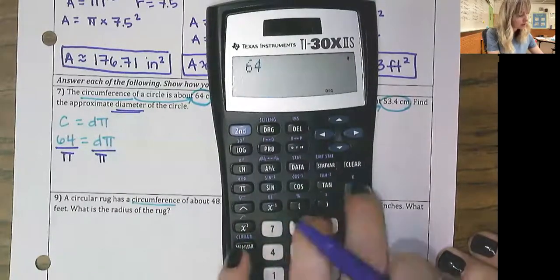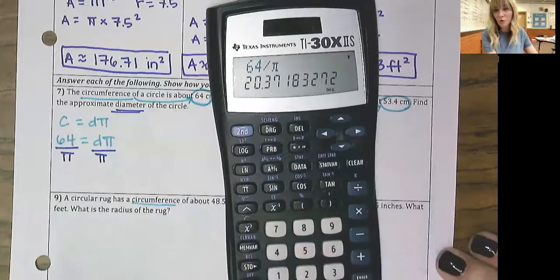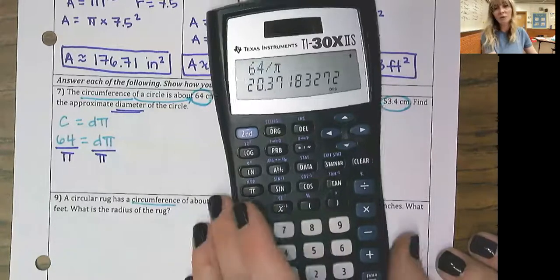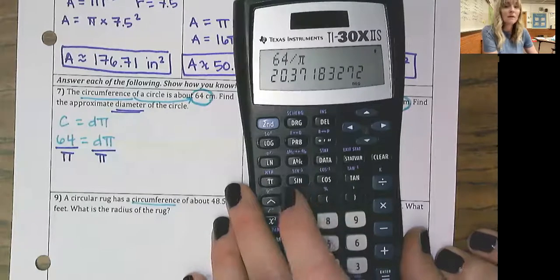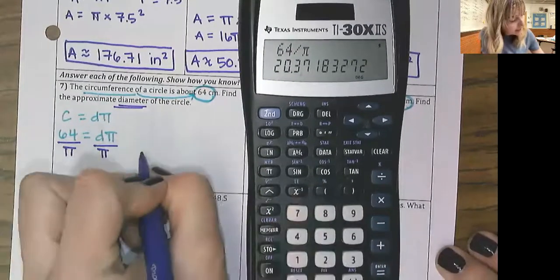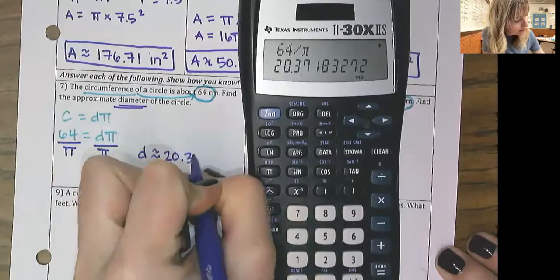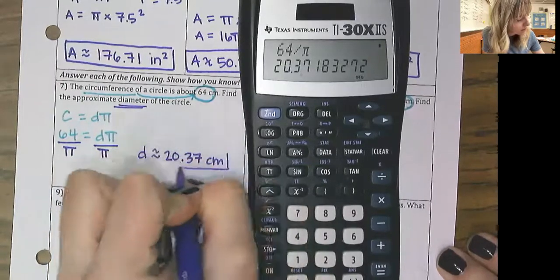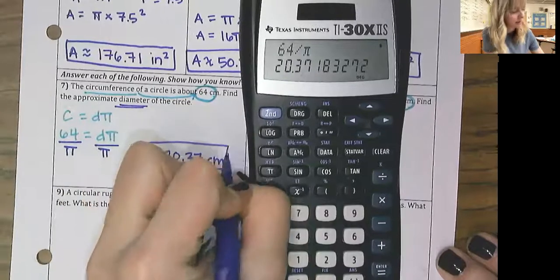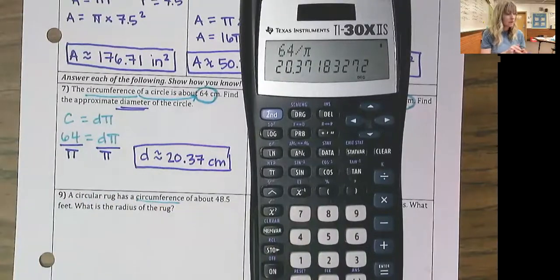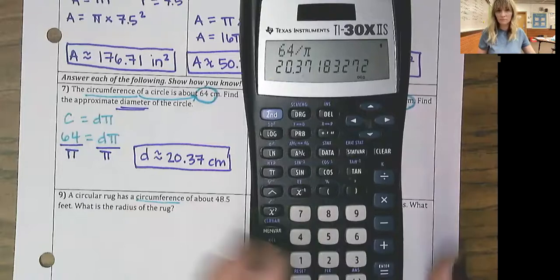So these things are not going to come out evenly. They never do when pi is involved. Pi exists for circles because things with circles don't come out evenly. The diameter is approximately 20.37 centimeters. Look, I used that approximately symbol.